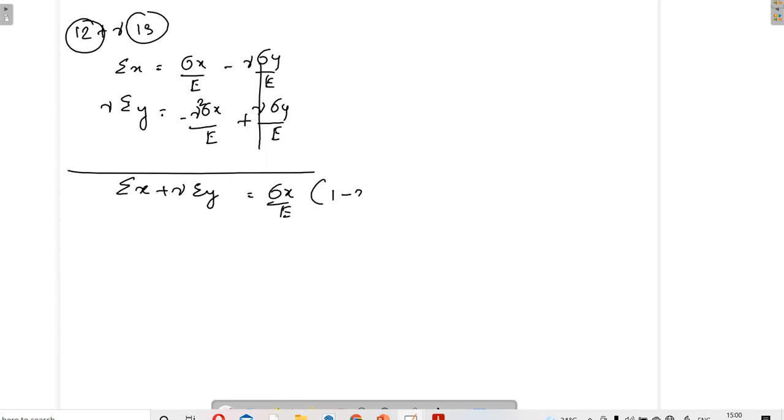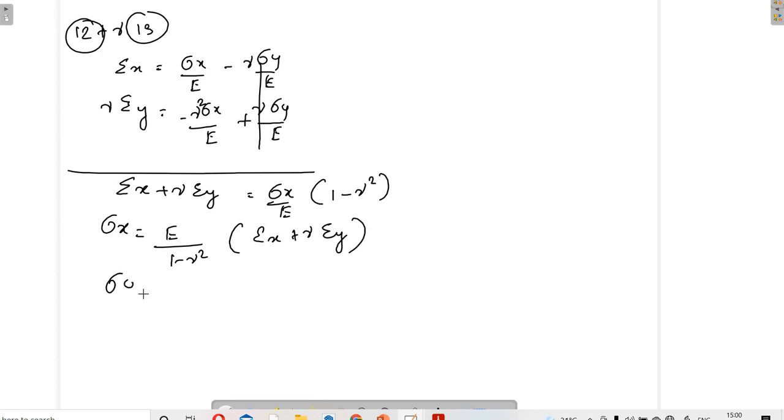So it is 1 minus nu square. So the sigma x relation here is E divided by 1 minus nu square into epsilon x plus nu into epsilon y.